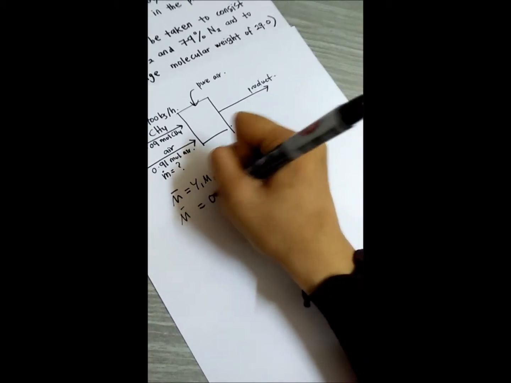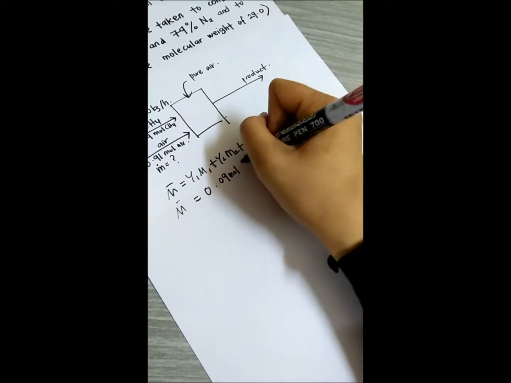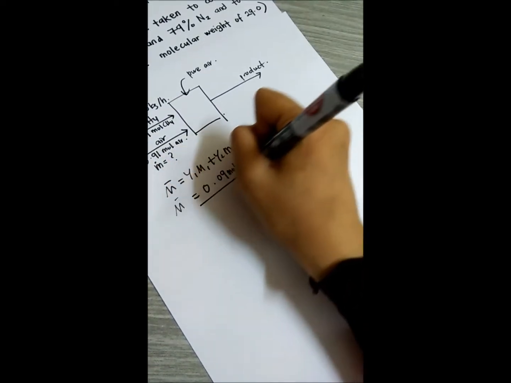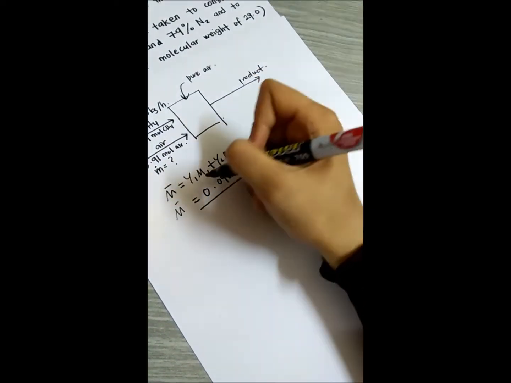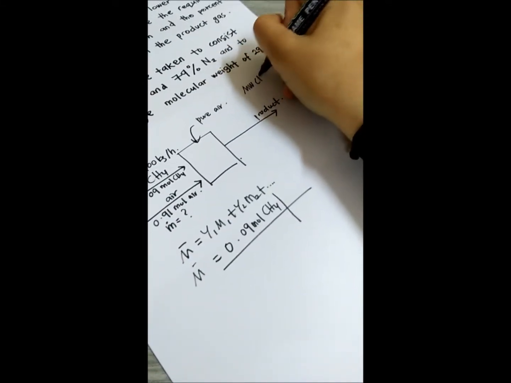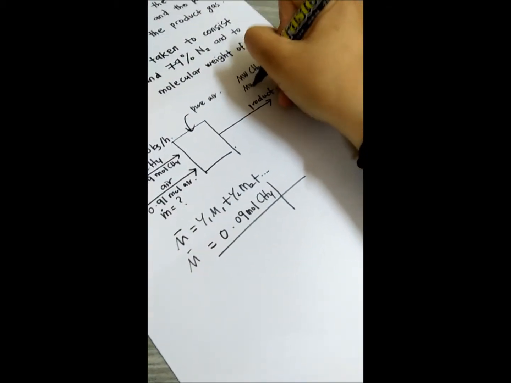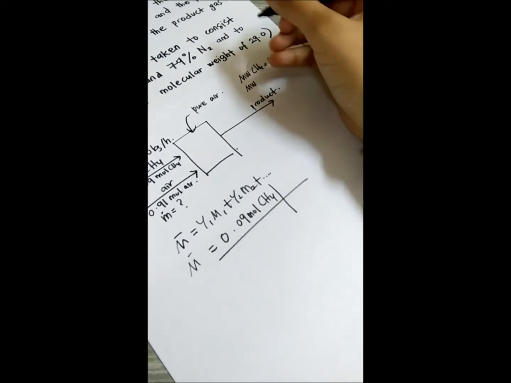You know that methane has 0.09 mole, and you have to multiply by the molecular weight of methane, and you also have to know the molecular weight of air, which is 29 from the equations.